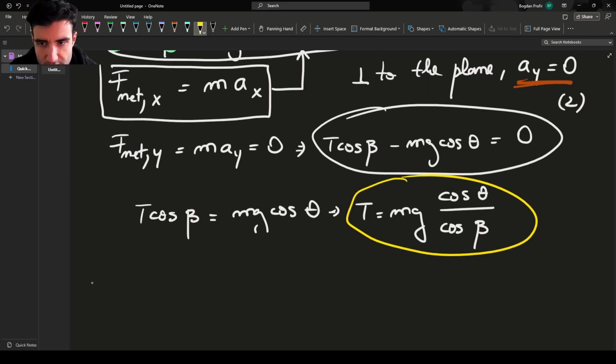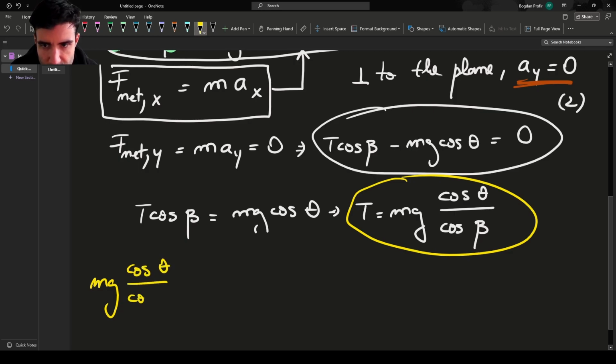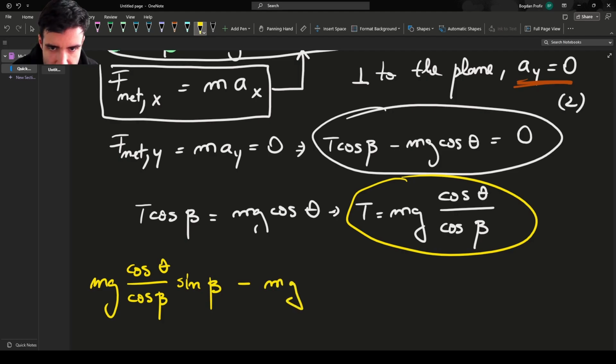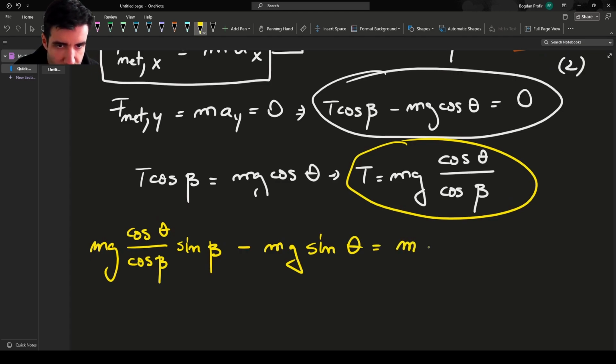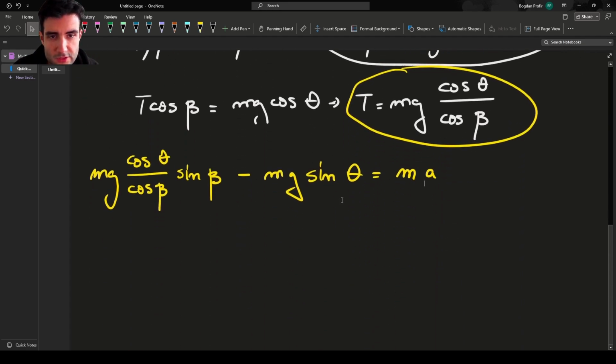That gives us mg cosine of theta over cosine of beta, multiplied by sine of beta, minus mg sine of theta. And this will be equal to just mass times acceleration.